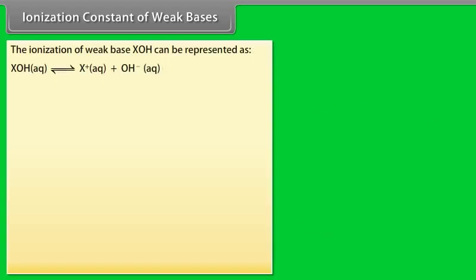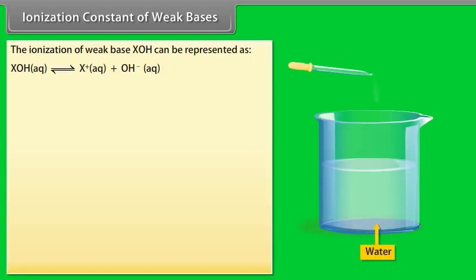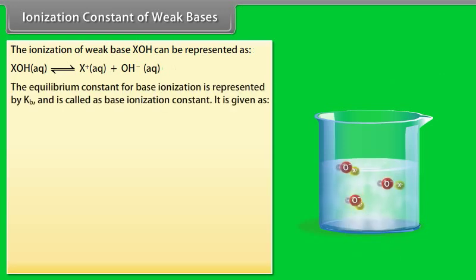Ionization constant of weak bases. The ionization of weak base XOH can be represented as: the equilibrium constant for base ionization is represented by Kb and is called the base ionization constant.